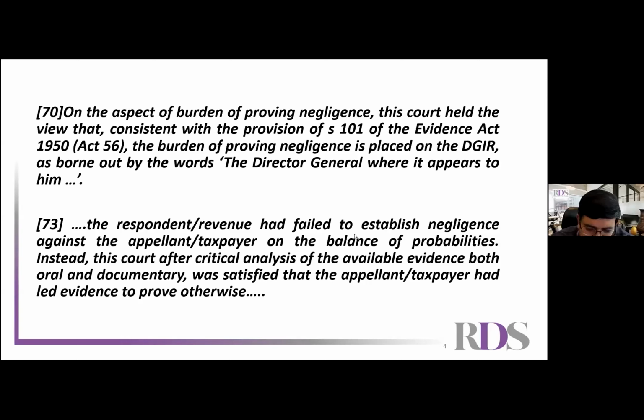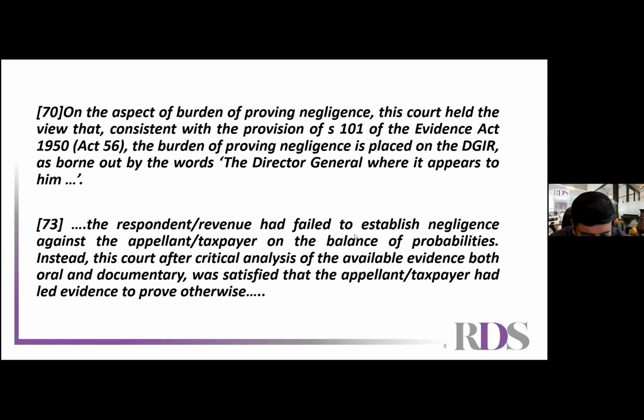Number 4, the details of the capital allowance claims were stated and itemized in the tax computation. Number 5, tax returns for the years 2003 and 2004 were filed within time. Number 6, the IRB gave no reason at all to justify the raising of time bar assessment, neither did they give taxpayer the opportunity to explain otherwise.